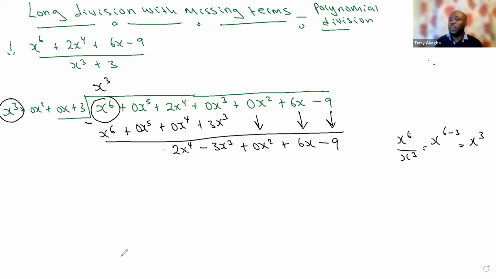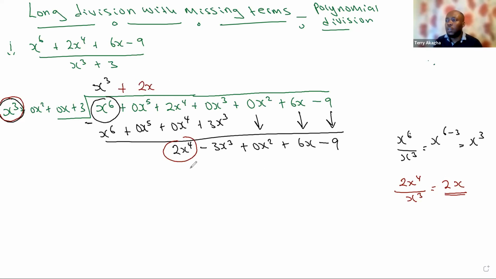We repeat the same thing again. We use the first term only. So 2x^4 divided by x cubed will give you 2x. So you put plus 2x here.